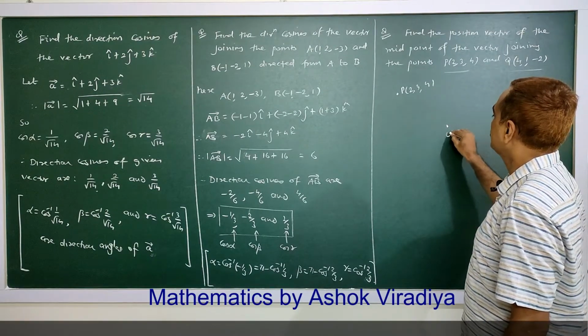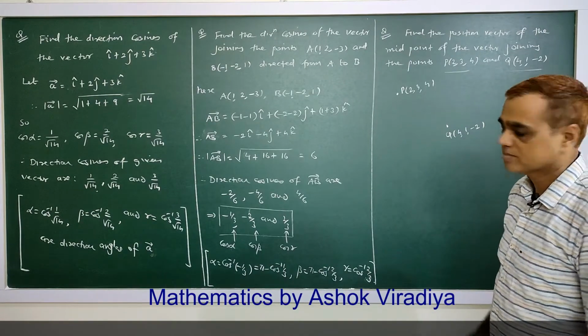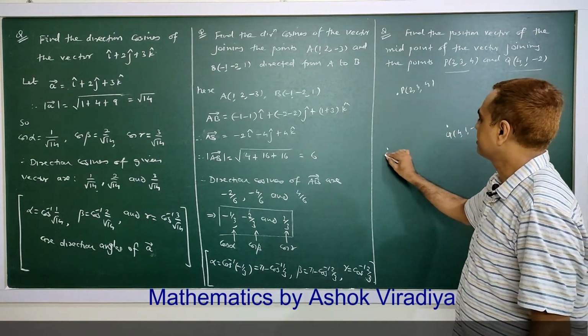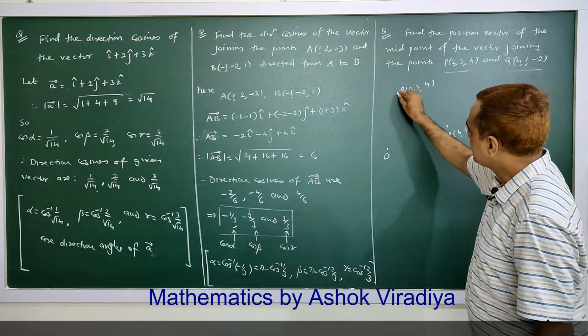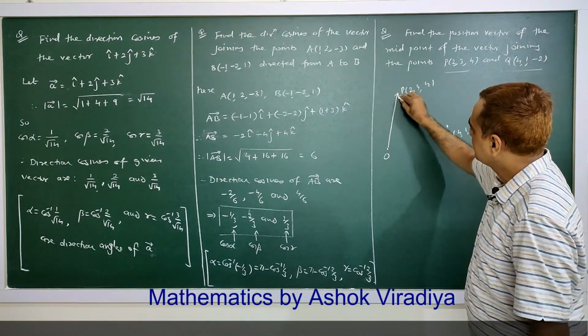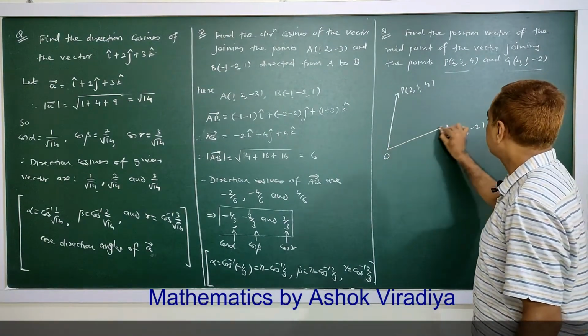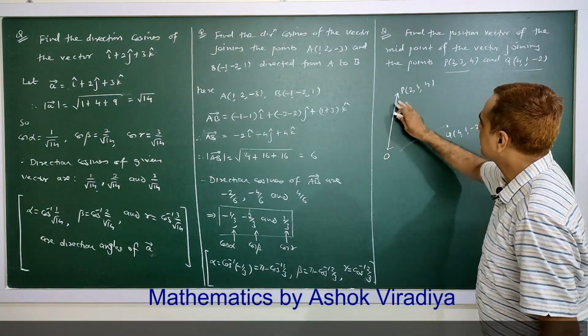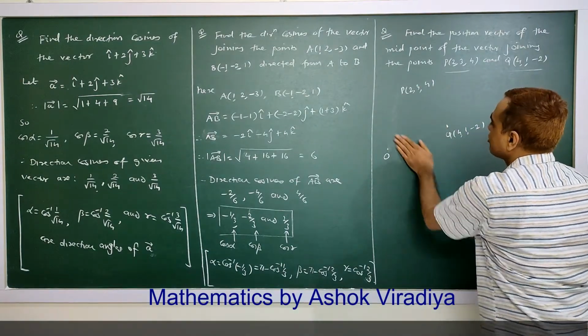Somewhere here there is Q, 4, 1, minus 4. Suppose this is the origin. Joining P with the origin, this vector is the position vector of P. This vector is the position vector of Q. I am showing these position vectors by dotted lines.